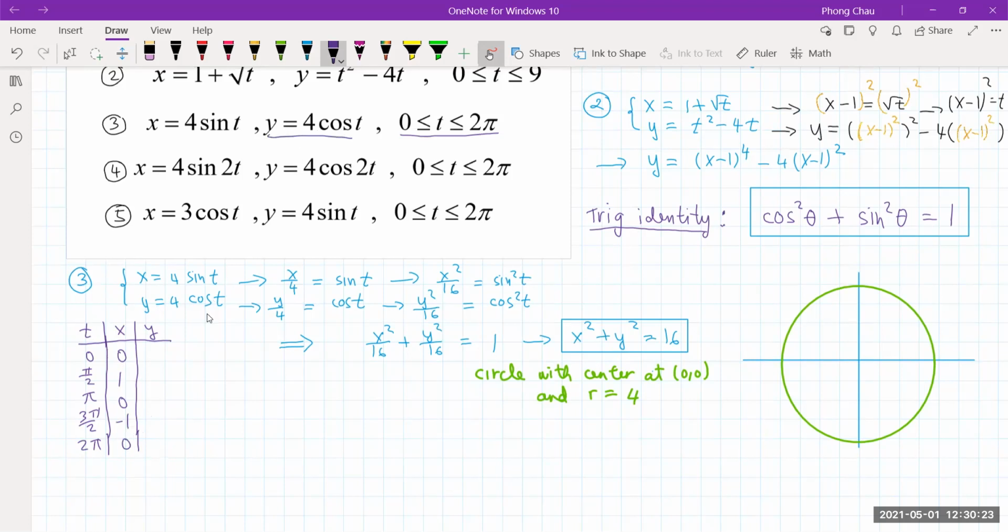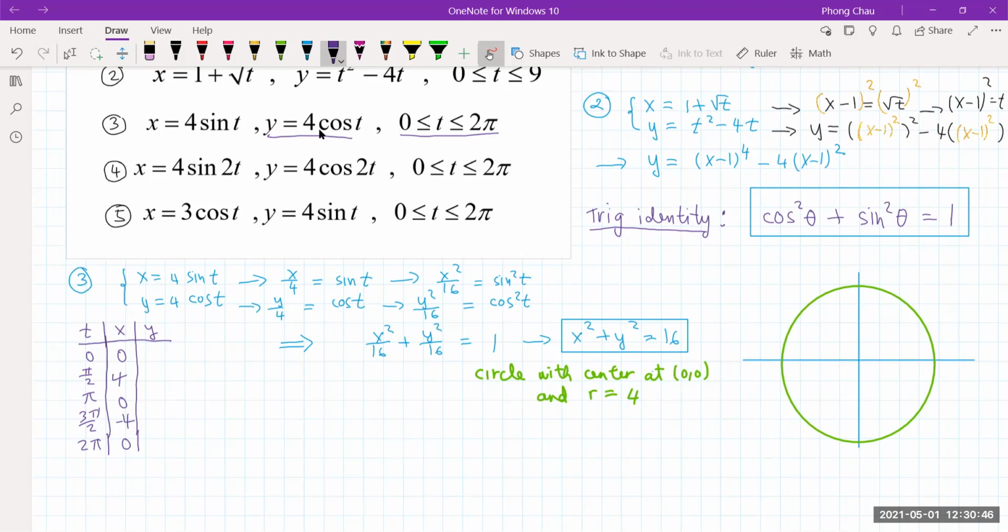I plug 0 in, and actually I got it wrong here, I forgot the 4 in front. Sine of pi half is 1 times 4, so this is actually 4. And likewise with -1 times 4, so I'm supposed to have -4 there.